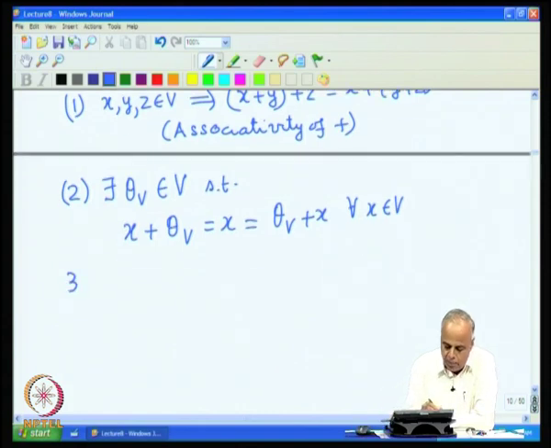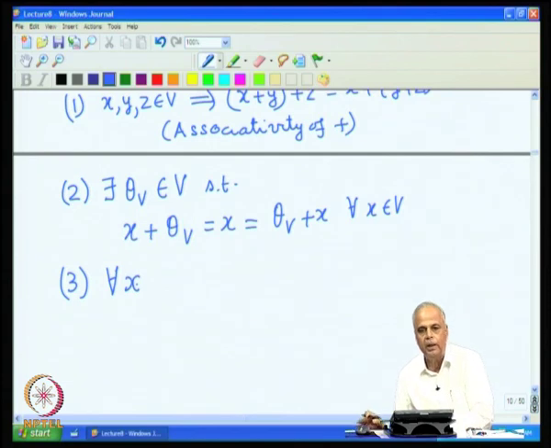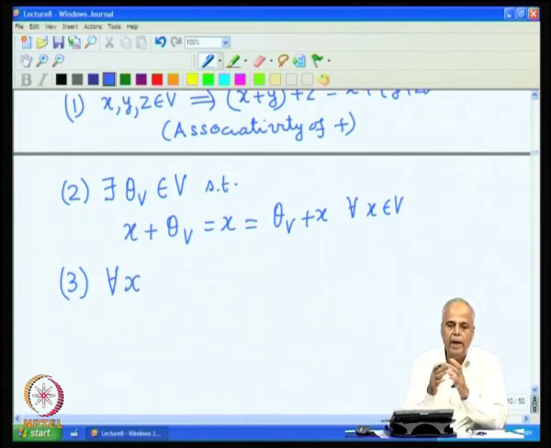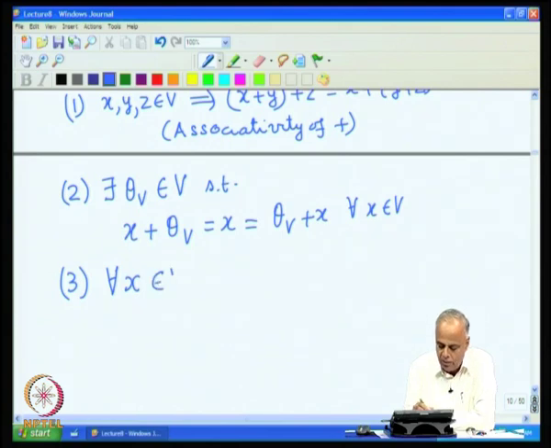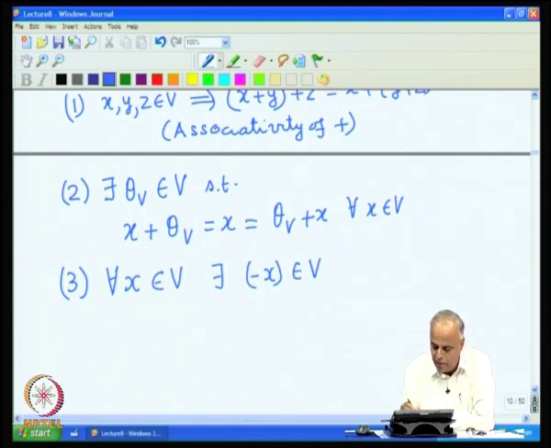The role played by the negative is going to be generalized now. What is the role of negative? For every real number x we had a negative real number, for every x in R k we had a negative x. Now, for every x in V we need a negative x which should also be in V. The negative of a real number was real, the negative of an R k element was again an R k element.